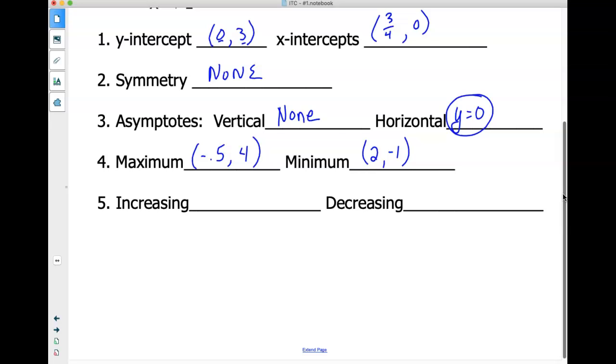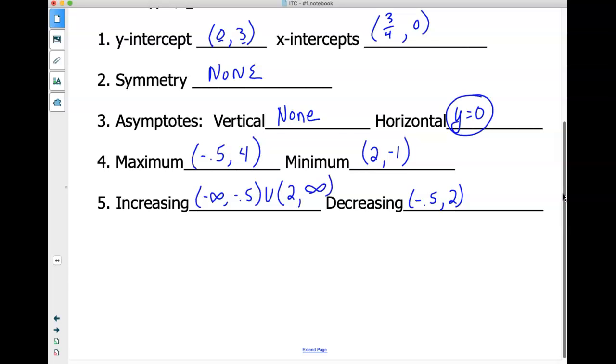What that means is I'm going to increase from negative infinity all the way up to negative 0.5. And then I decrease from negative 0.5, and I usually do these in conjunction across. After I decreased, I started increasing again from 2 out to infinity.